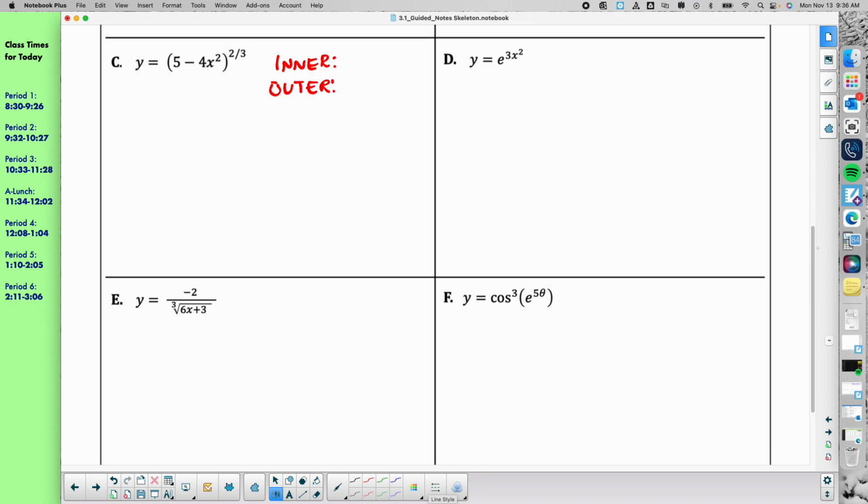Instead of writing x, I believe on Friday I wrote it as blank parentheses. You guys can continue to do that if that makes sense. Otherwise, what you're going to see a lot of times is they'll put a u in place of something, so u substitution. So I'll just write u to the 2/3. And then the inner, 5 minus 4x squared, that was perfect.